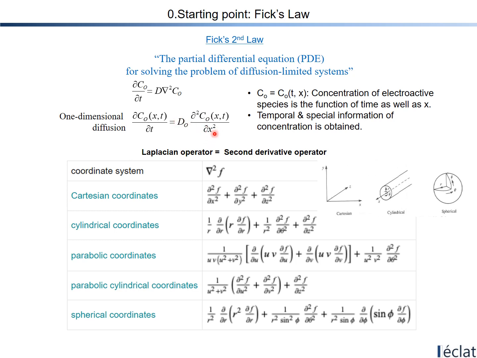So I mean this is a PDE, and from the viewpoint of time you have the first order, and from the viewpoint of x you have the second derivative of the concentration. From this equation you will obtain the concentration profile along x with the time variable.